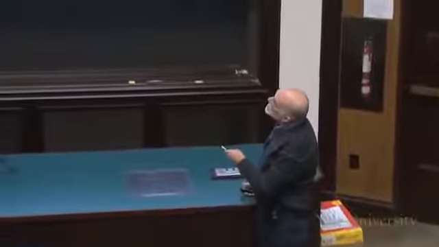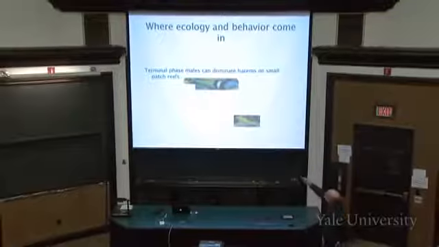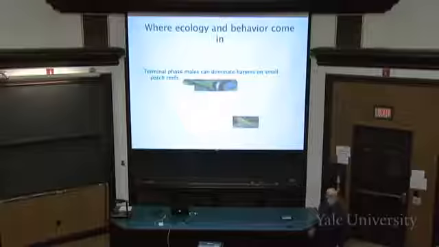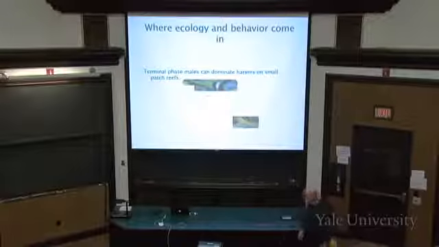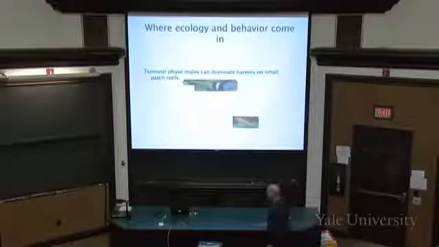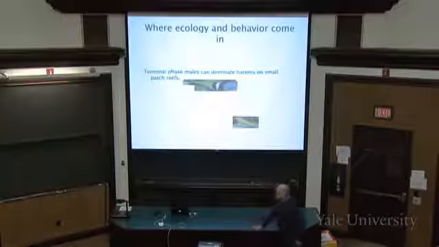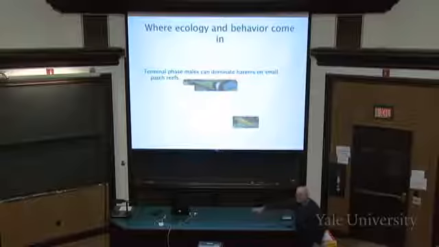Well, that's where the ecology and behavior comes in. These big dominant terminal phase males can police a harem on a small reef, an area maybe the size of this piece of furniture up here, or down to about half that size.